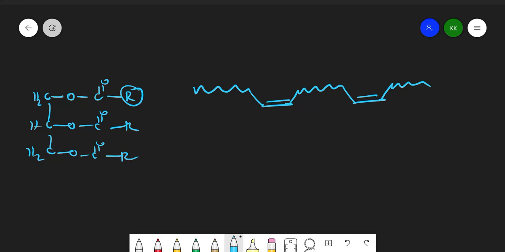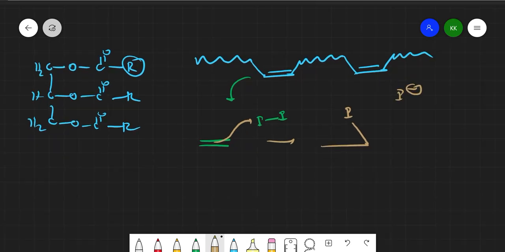So iodine means, whenever unsaturation is there, this one iodine, I2, will be there. So electrophilic addition reaction, now iodine attacked here, one iodine left as I minus, right.